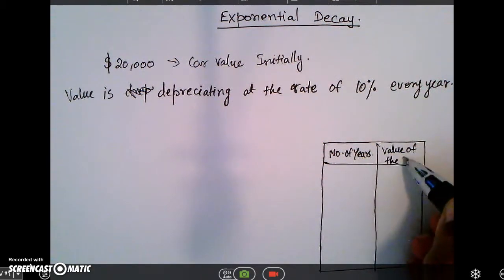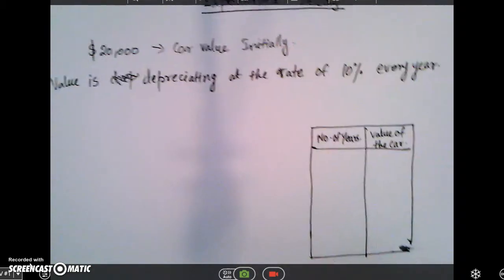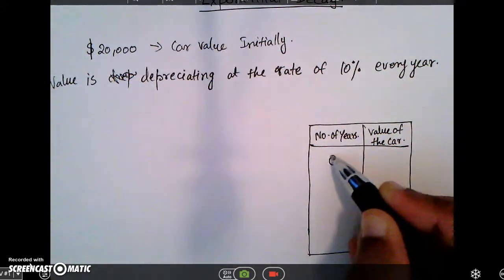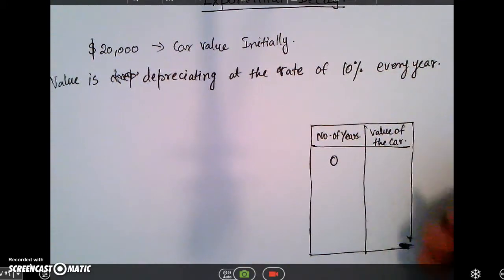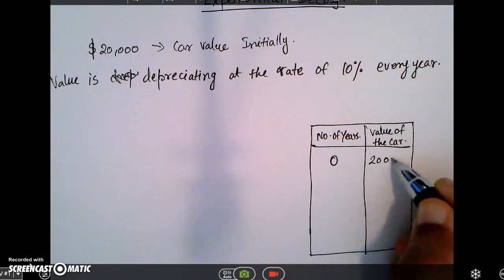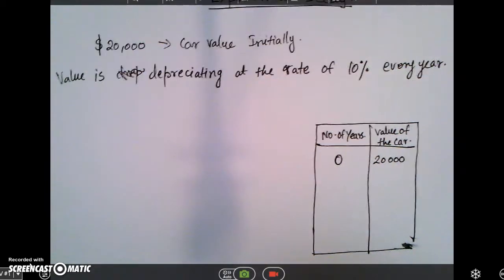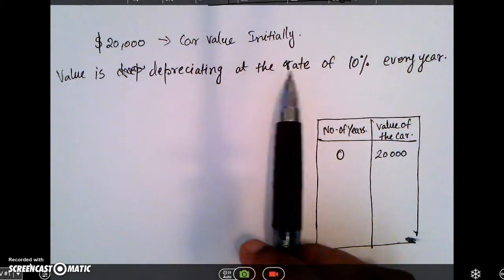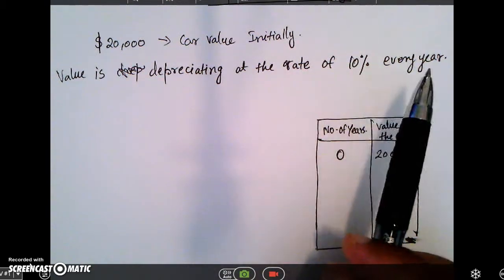What is the value of the car after a certain time has passed? At the beginning of time, meaning I just took the car out of the showroom, the value of the car is $20,000. The value is depreciating at the rate of 10% every year, right?